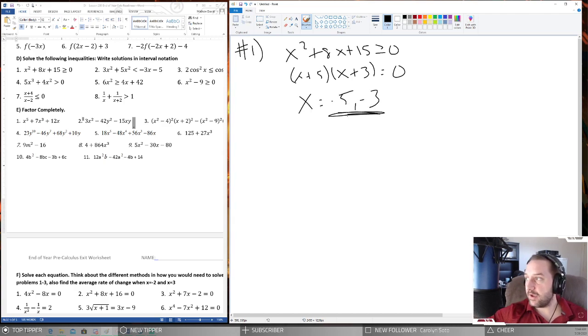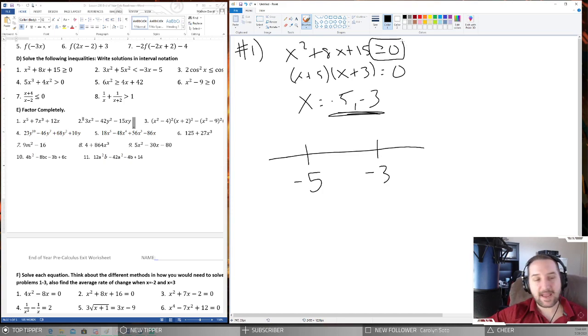I want that because I'm going to put those values on a number line. My inequality tells me how it interacts with that number line. Do I include or exclude those boundaries? In this case, because it says equal to, I include them.